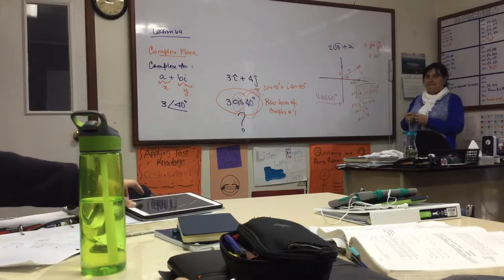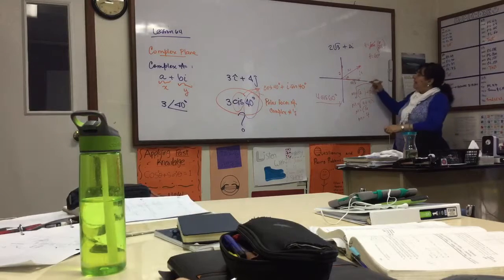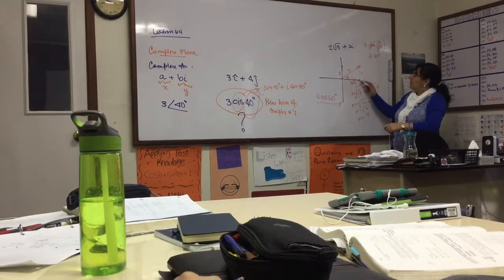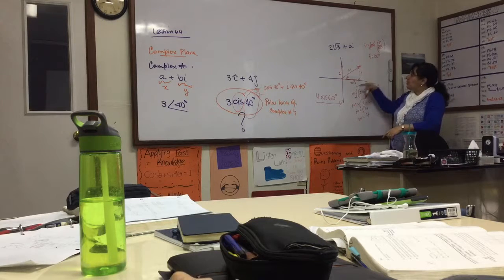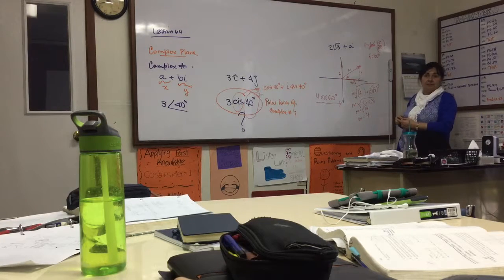And that's it. Why? Because it would be 4 cosine of 60 plus i sine of 60, which brings you back to this. Okay? Make sense? Yes.